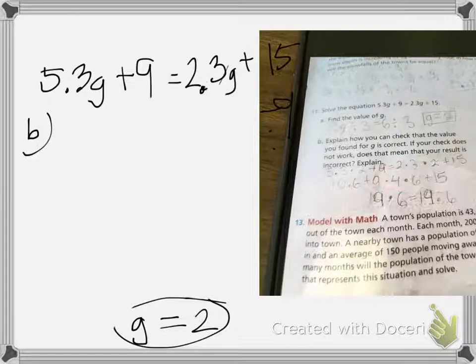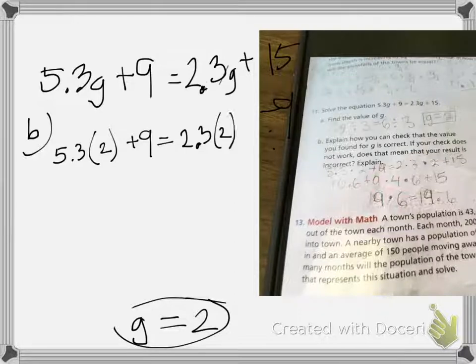Alright, so where we said that wherever there's a g, we're going to replace it with a 2. So we have 5.3 times 2 plus 9 equals, and then we have 2.3 times 2 plus 15.